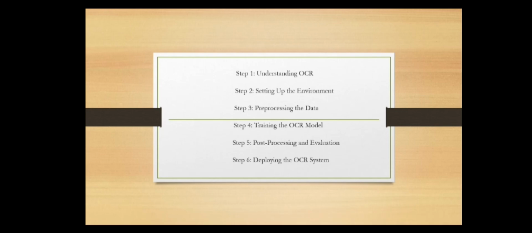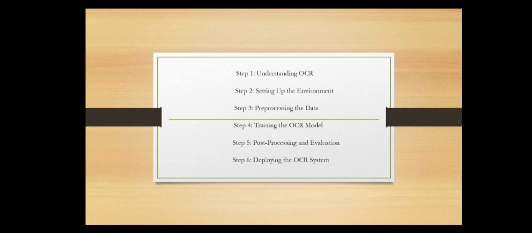Step 4 is training the OCR model. Now, to actually train an OCR model, we have generally two options. The first is fine-tuning an existing OCR model with Tesseract. We can fine-tune Tesseract for our specific dataset if we need it to recognize specific fonts or handwritten characters.